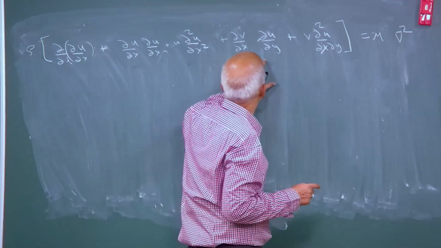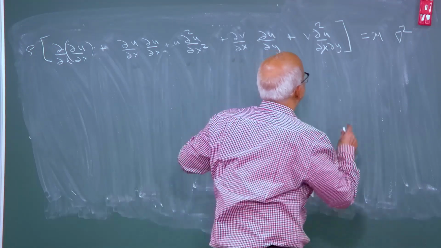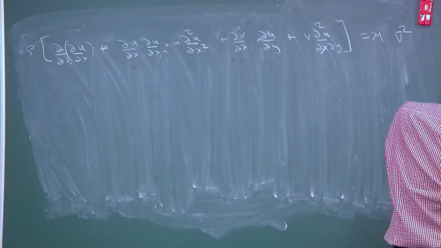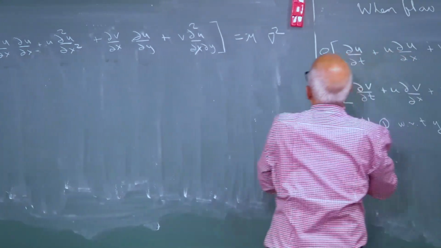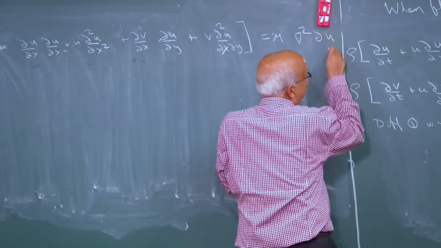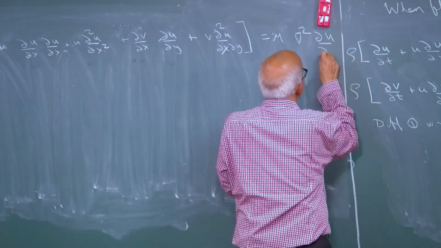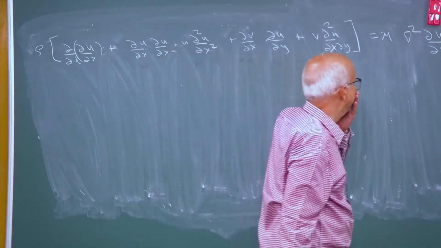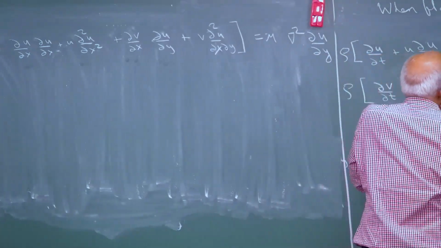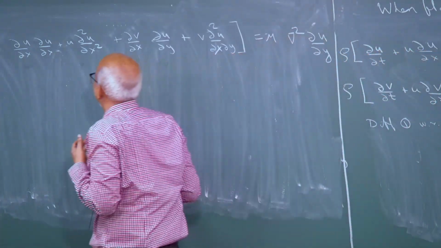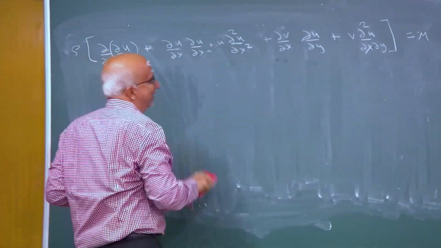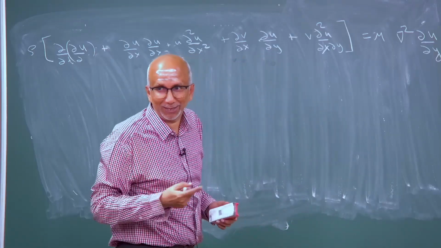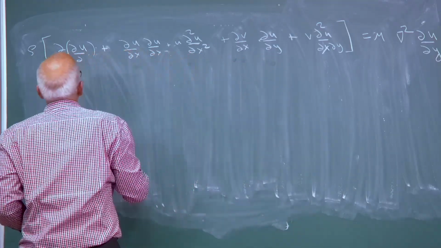Right side? Oh yeah, yeah. Mu times, one second, let me finish. Del square of du by dy. Is this what you are saying? Yeah, I have to differentiate with respect to y. Yeah, thank you. Okay, I thought I had made a mistake only in one term, but I guess I made a mistake in all the terms. Okay, du by dy, sure.